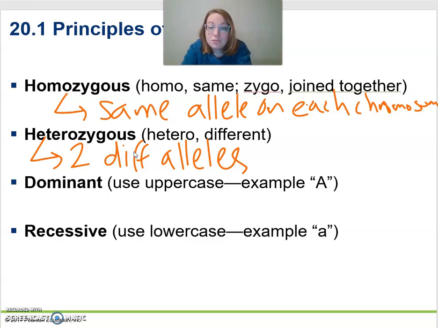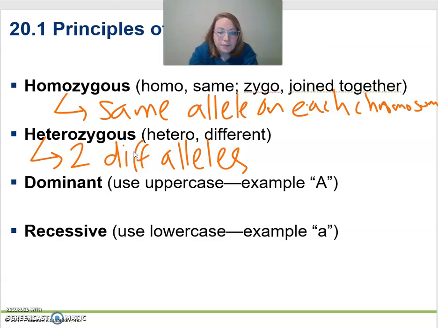So now if you have two different alleles, you can see one being expressed and one not oftentimes. And what we would call that is dominant and recessive. So if I have a freckle coding allele and a non-freckle coding allele, I'm heterozygous. But if you look at my physical characteristics, I have freckles. So the freckle allele masks the no freckles.